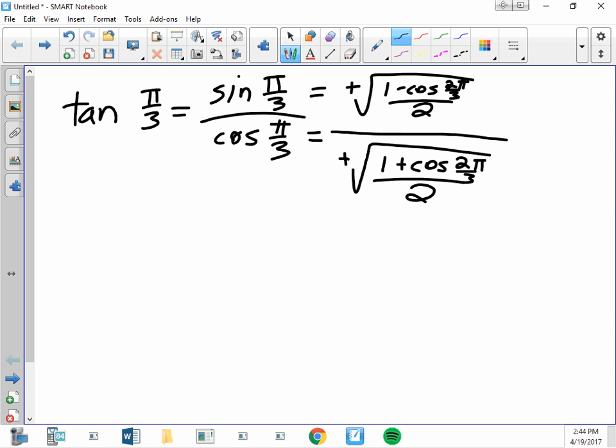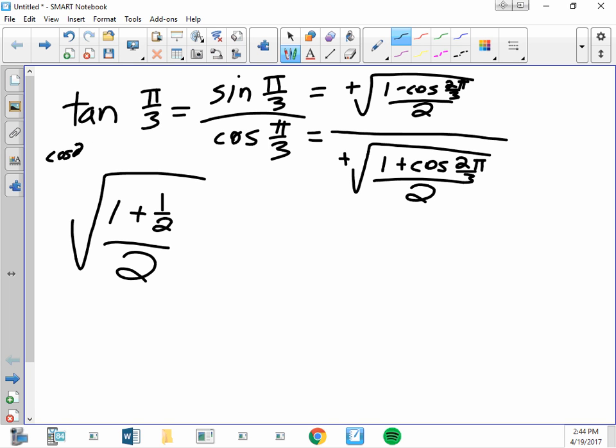You guys really don't want to get finished, do you? You keep slowing me down. All right. So 2 pi over 3, the cosine is negative 1/2. So on top we get 1 plus 1/2, because the cosine of 2 pi over 3 is negative 1/2. 1 plus 1/2 is 1.5.